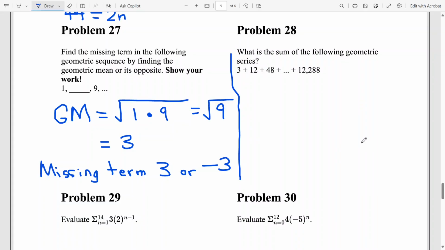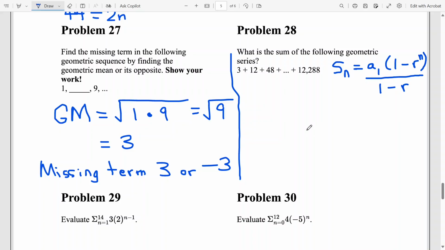All right. The next one. What is the sum of the following geometric series? So the sum of n terms is going to be the first term, a sub 1, times 1 minus common ratio to the nth power divided by 1 minus the common ratio.